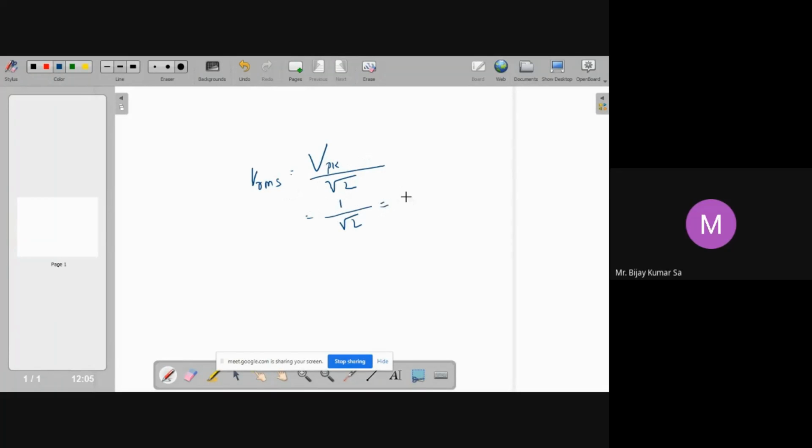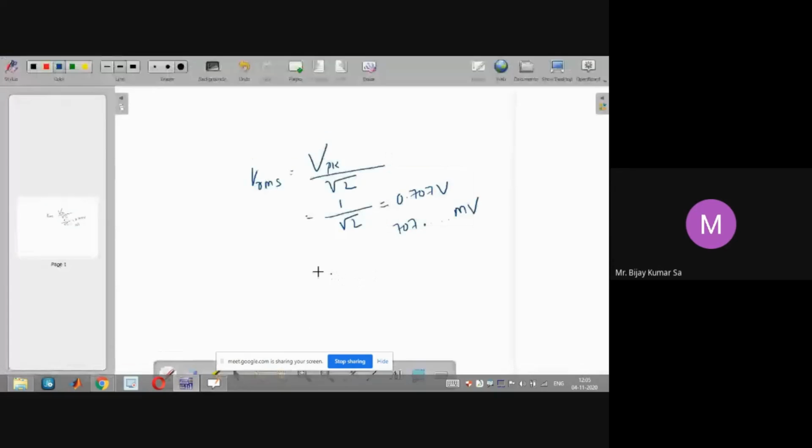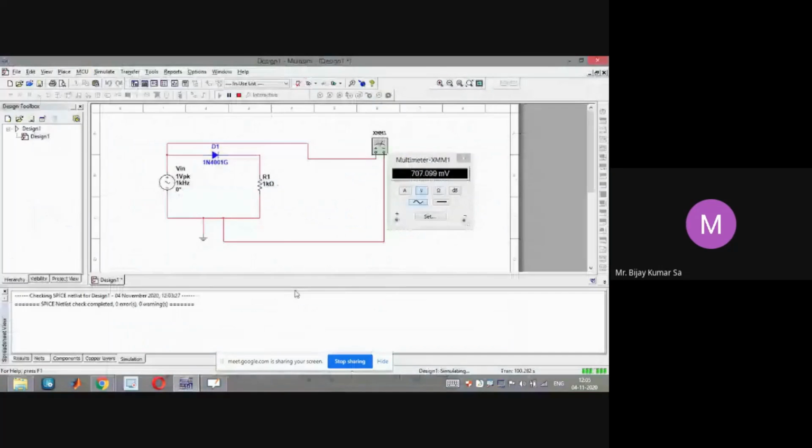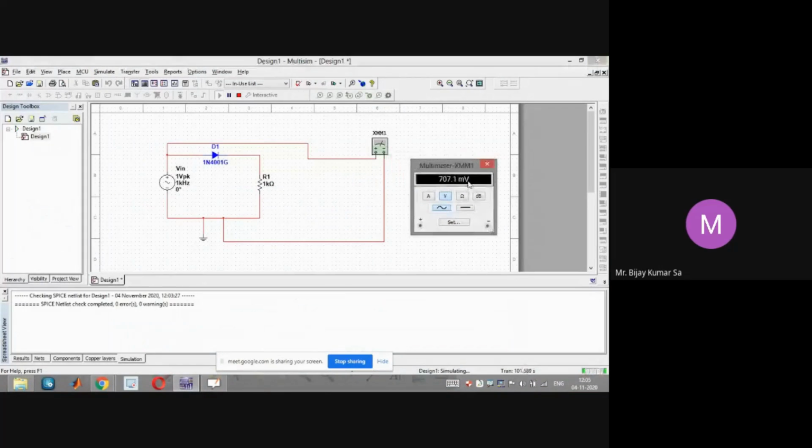So it is coming at 0.707 volt, or you can say 707 point something millivolt. Okay, so that's why you are getting 0.707 volt.